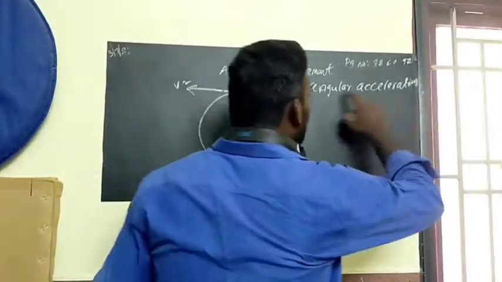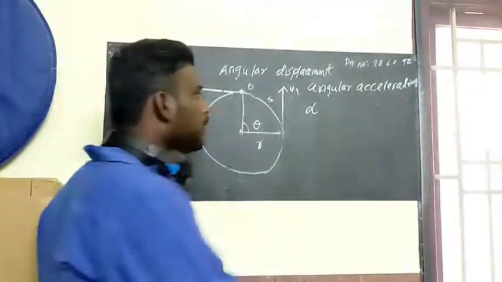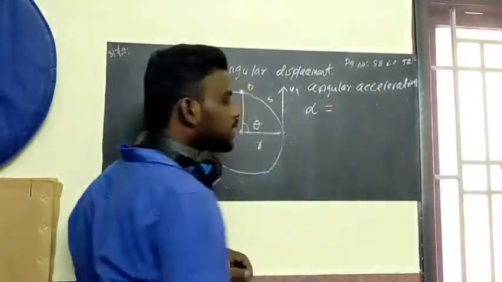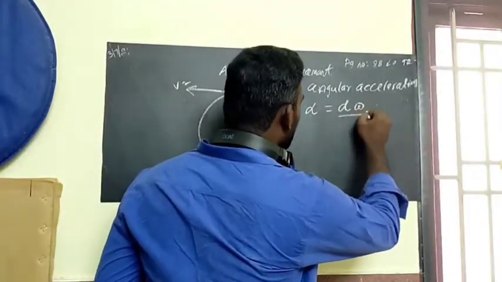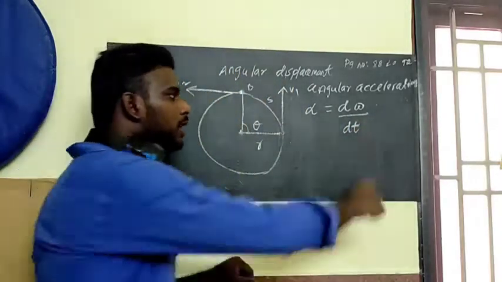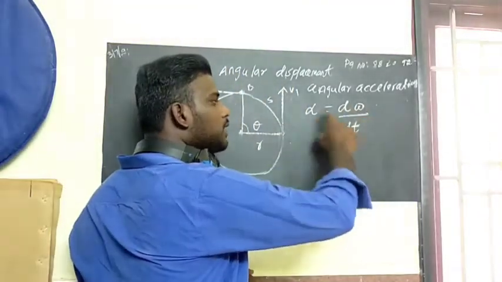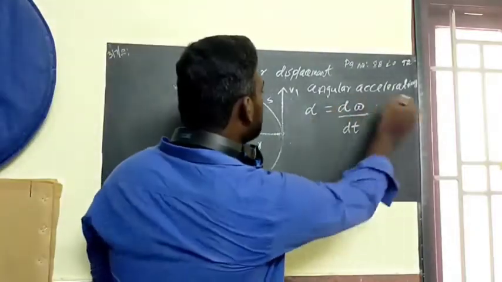Angular acceleration is denoted by alpha. The rate of change of angular velocity is known as angular acceleration.